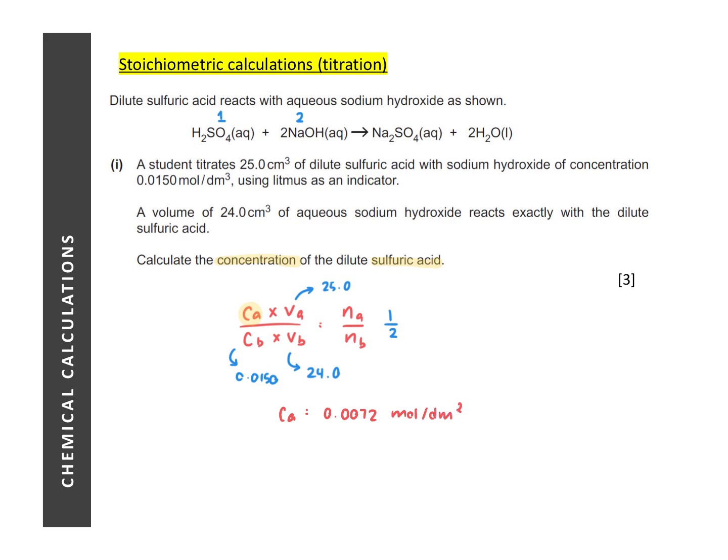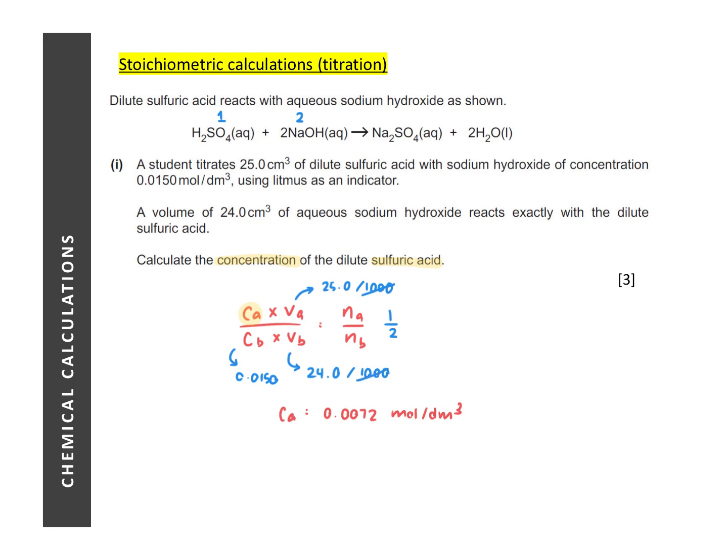So back to the part of why there is no need for you to convert volume to dm cube, it is because even if you were to do it, if I divide by 1000 in the numerator and I divide by 1000 in the denominator, the 1000 actually cancels out.